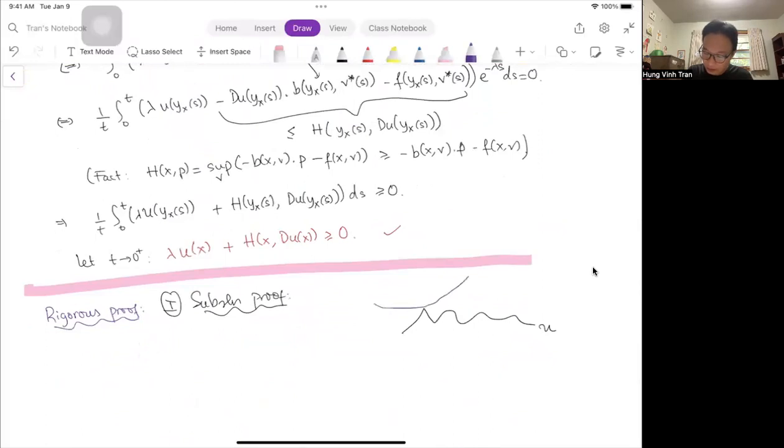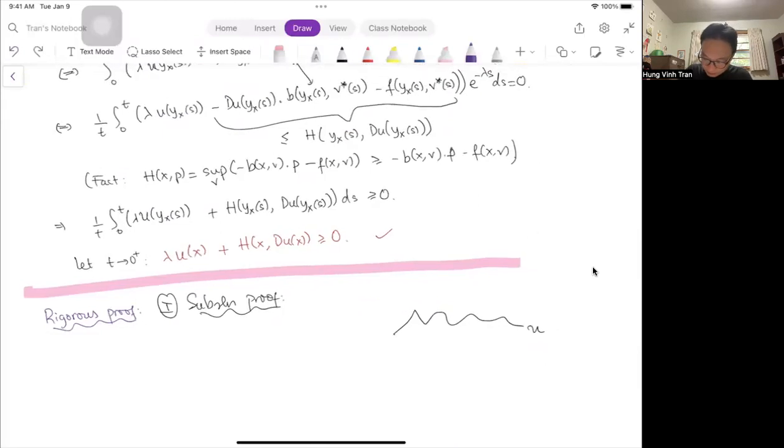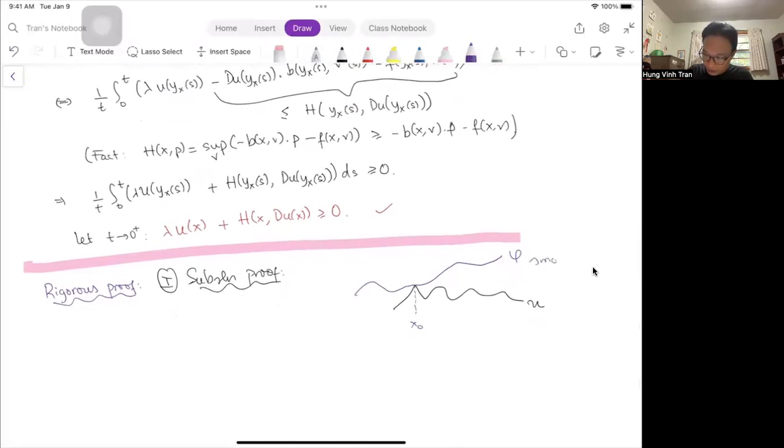So you touch it from above by a smooth function phi, touching at x0. Again, we want to show that lambda u(x0), which equals phi(x0) because they touch, plus H(x0, Dphi(x0)) is less than or equal to 0.